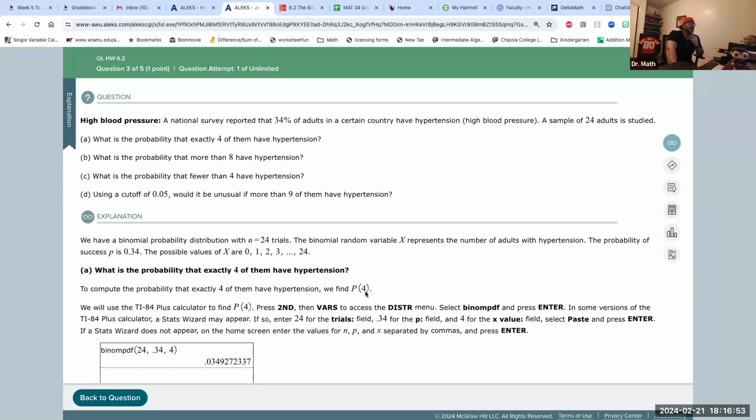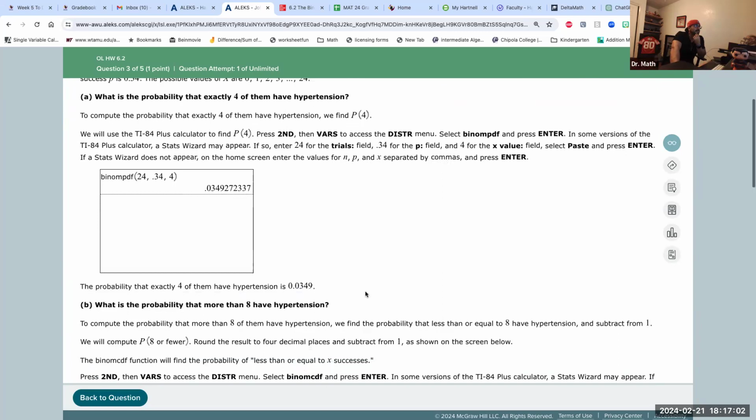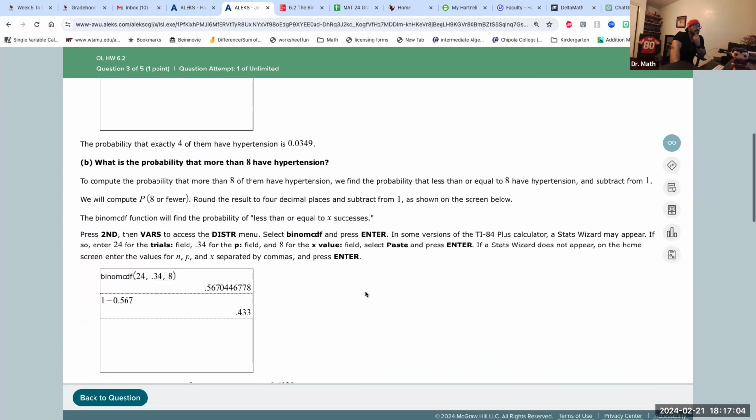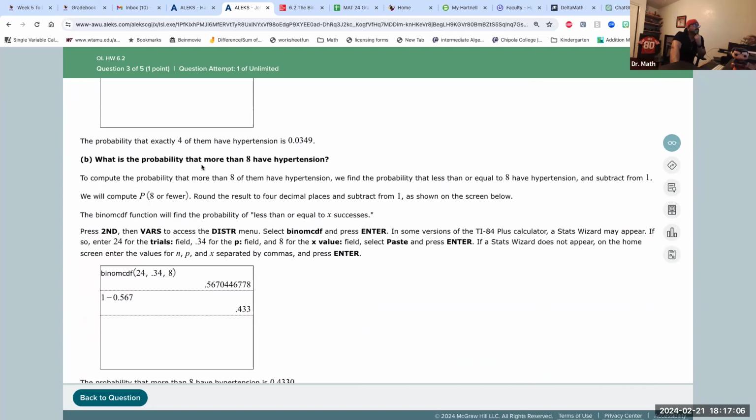All right. So the next thing we're going to look at is what happens when you have more than one x value. So what am I talking about? Well, this next question exemplifies that. What is the probability that more than 8 people have hypertension, right? So out of those 24, now we're looking at more than 8 of them.